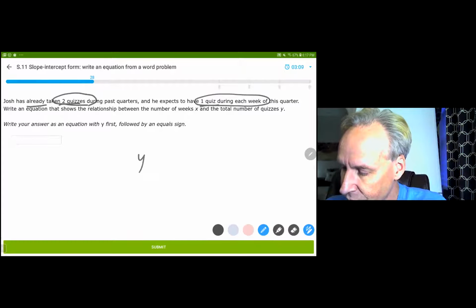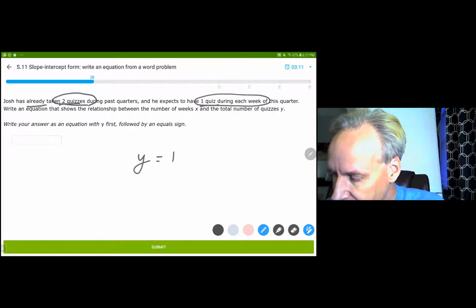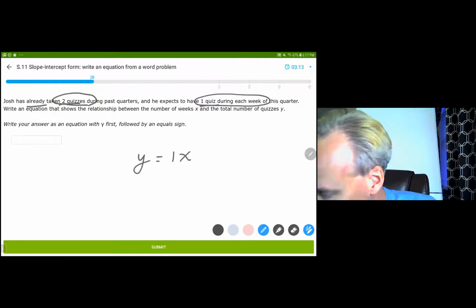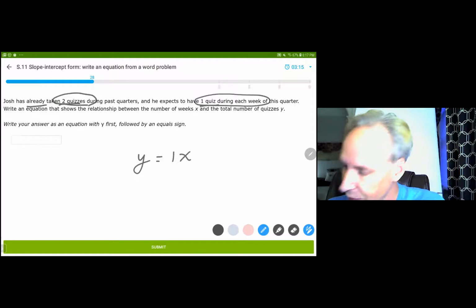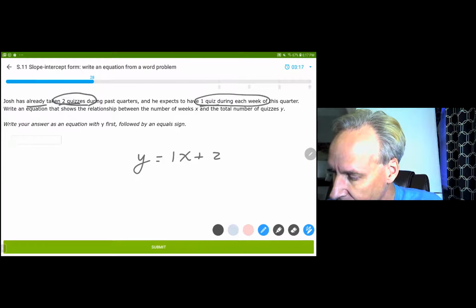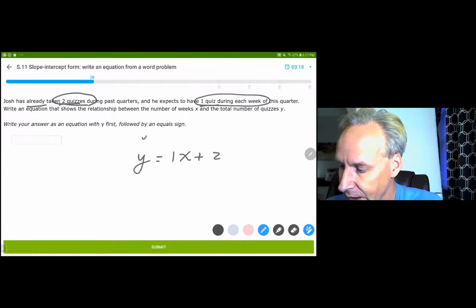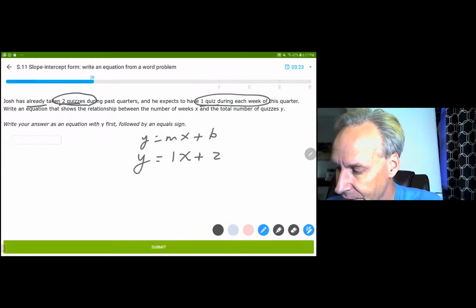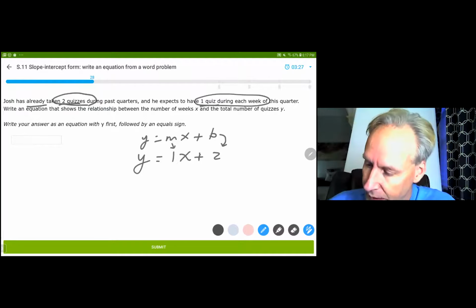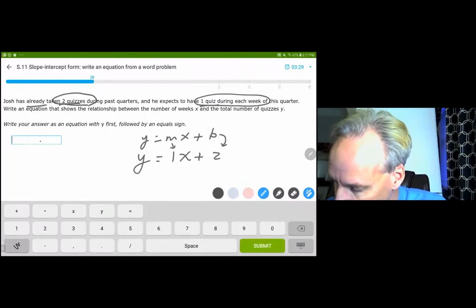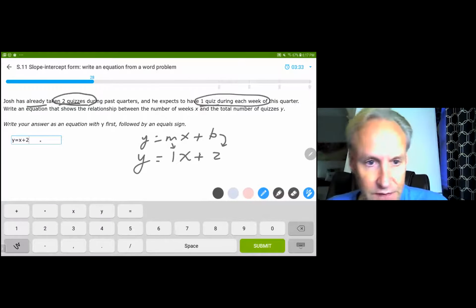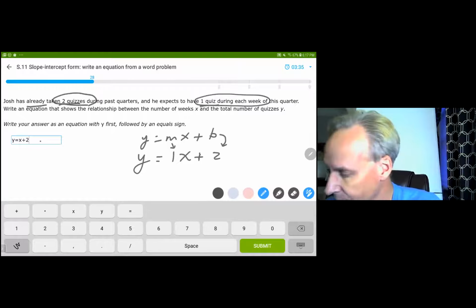So the number of quizzes is 1 each week, and I guess we're probably going to use X's for weeks, plus the 2 that he had originally. This is the Y equals mx plus b. B is the starting point, and the M is the slope. Y equals X plus 2. We could just as easily put the 1 in front of the X. It doesn't matter.